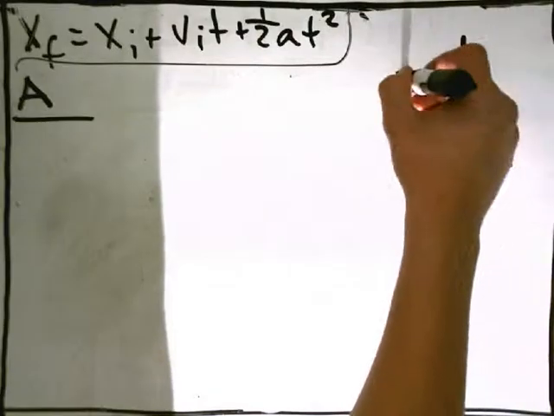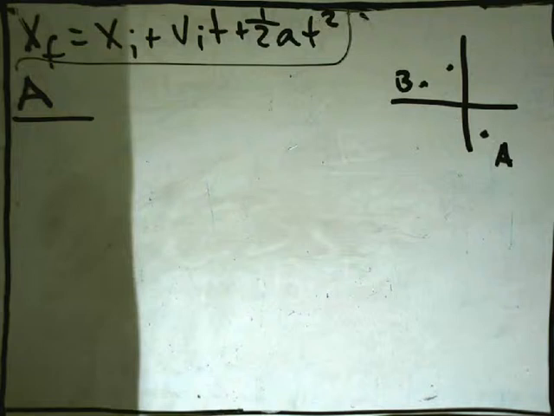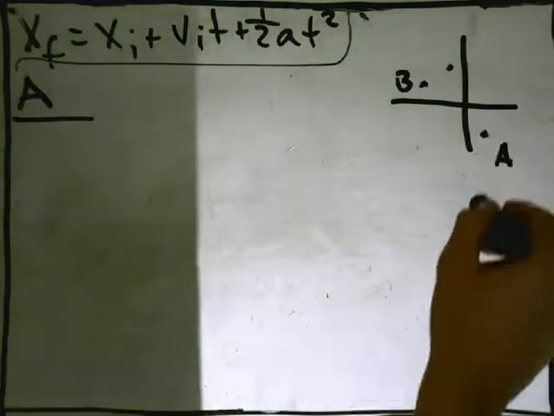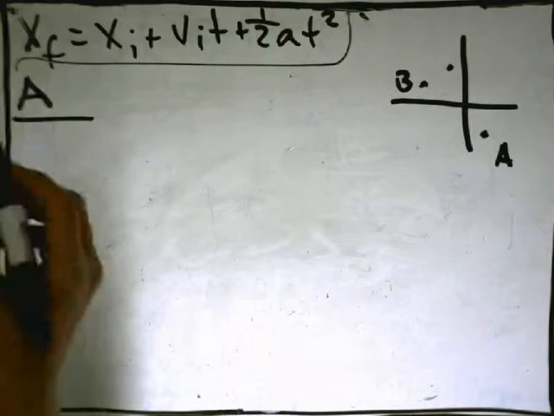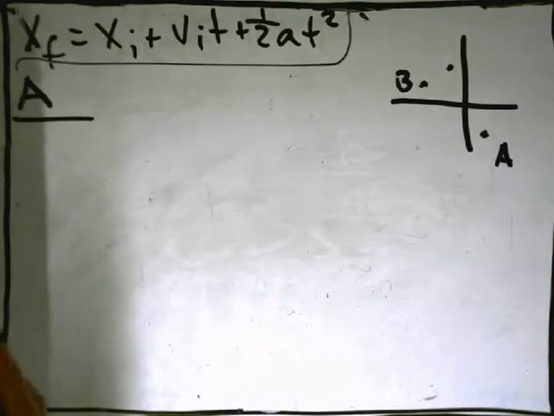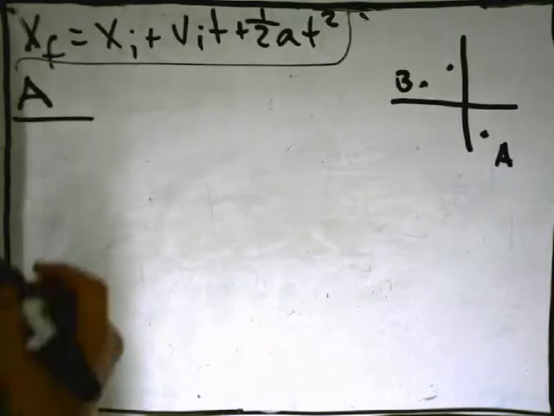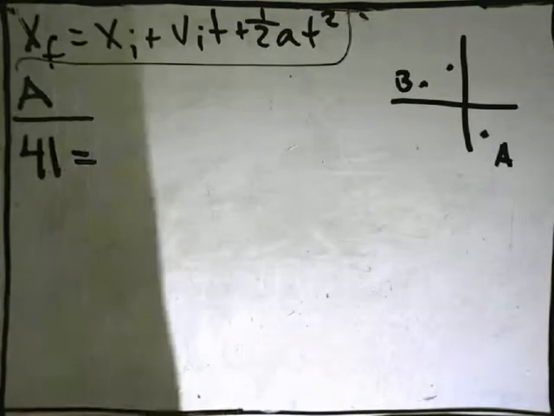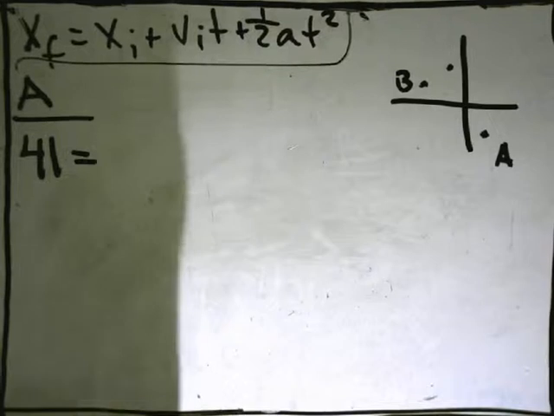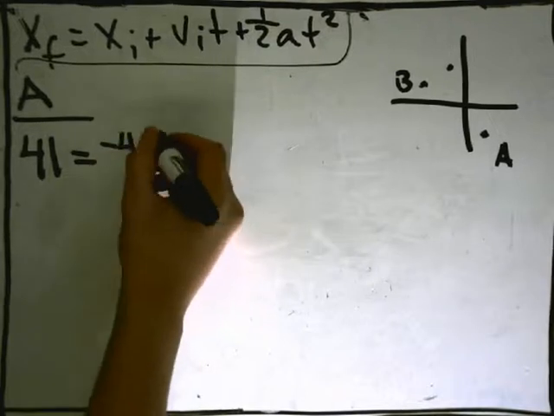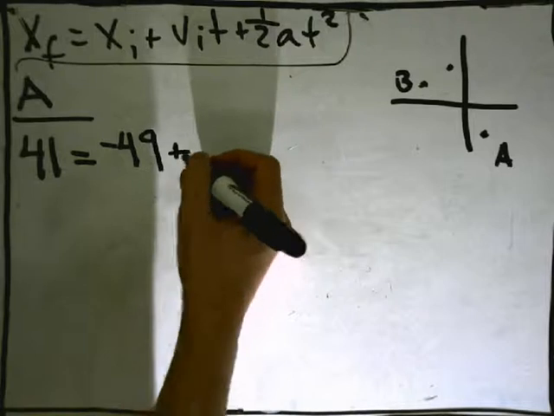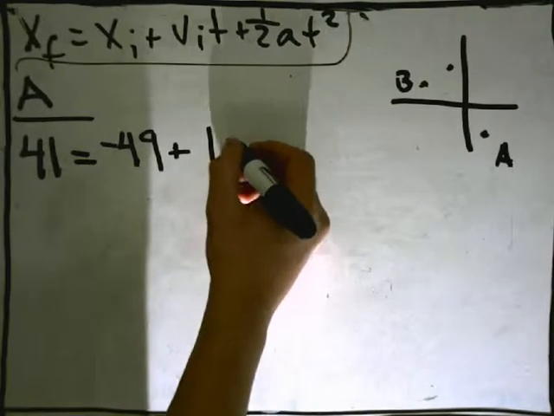So we know that the final position in the y direction is going to be 41. And then the initial position is going to be negative 49, plus the initial velocity of 1 times 6.3, because that's time, plus 1/2 of A times 6.3 squared.